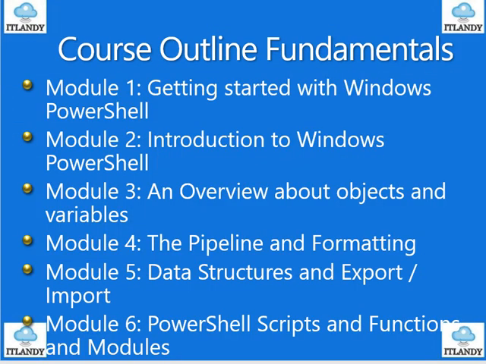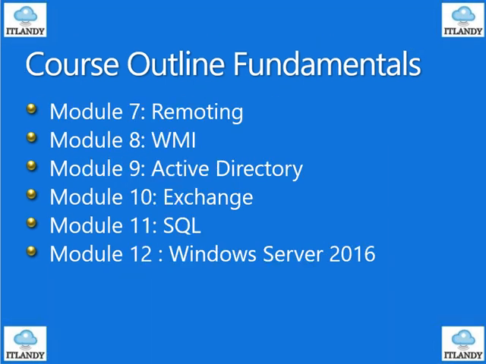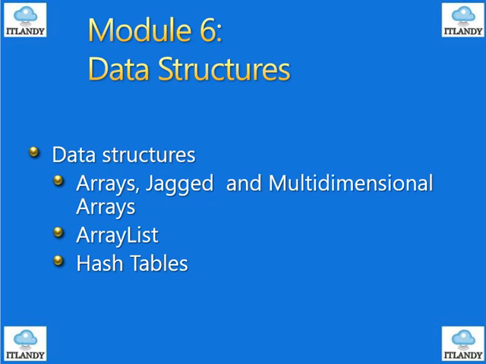So far, we have covered Module 1 to 5 and we started with 6, and we are talking about collections. Later on we'll cover the rest of these modules. Quick recap around data structure.